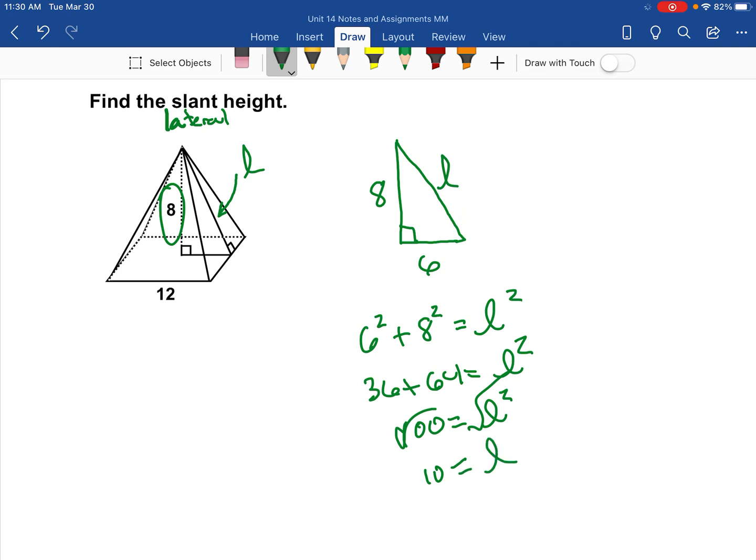So the slant height is 10. Remember, we have to remember all that previous math that we've learned this year: Pythagorean theorem, special right triangles, formulas for area. So there are the 14.1 notes. Get going on your homework. You can check your answers online when you get finished.